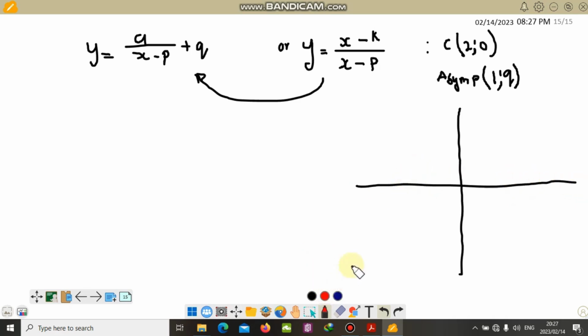So I can even draw the graph. For the graph, show the asymptote. One, okay. This one we know the value here is 1, but this one we do not know this value. Just know it's q, but we don't know what is the value of q. Y, this is x, okay. All right, like that.